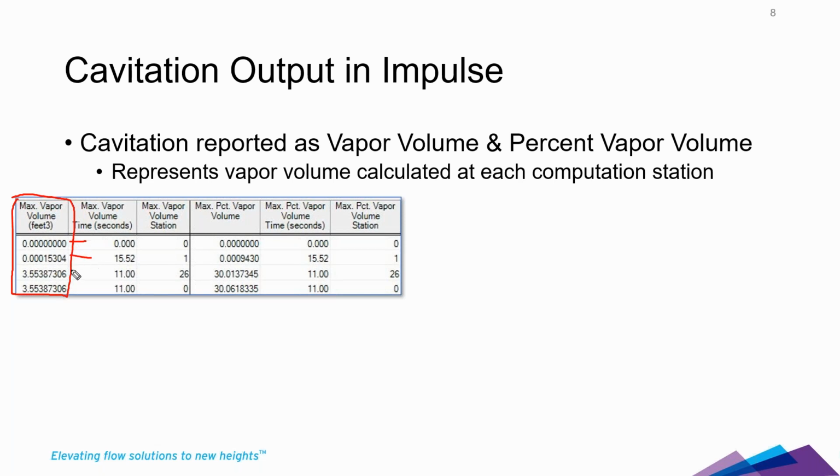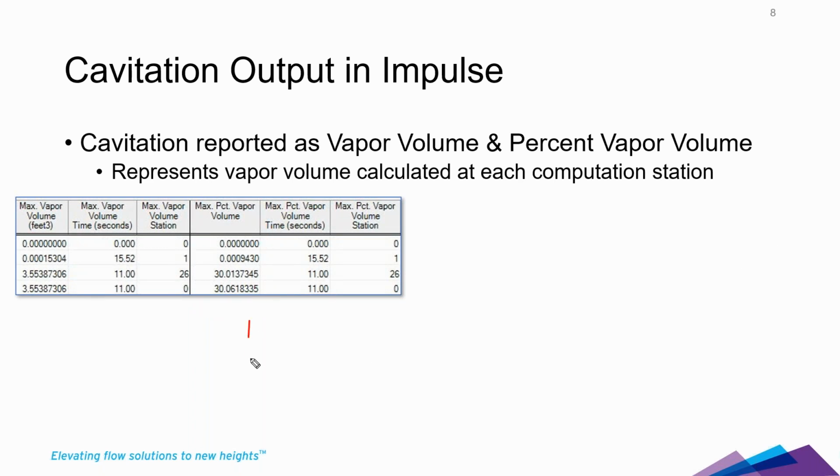So here we have every single pipe listed, and it's going to tell you what the maximum vapor volume grew to be. It'll tell you which particular pipe station that happens at and the time that it reached the maximum value. So it reports the actual volume itself, and then it also will report the percentage of your section volume that has become vapor.